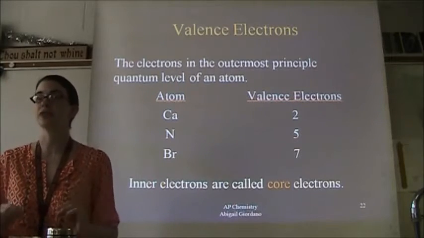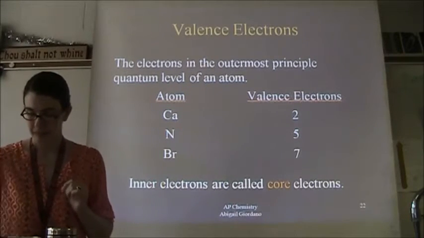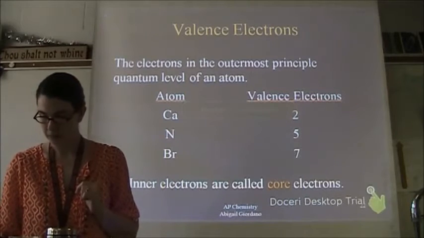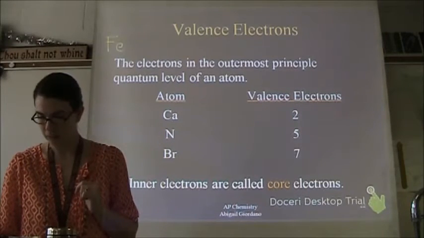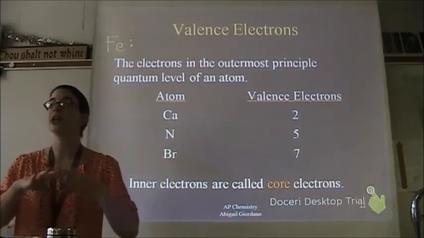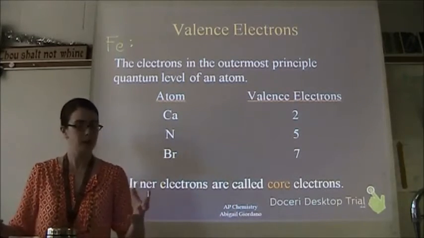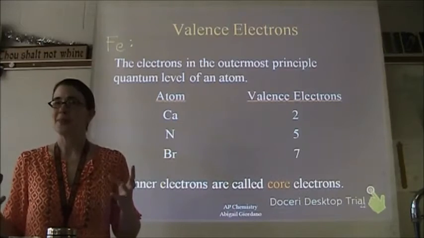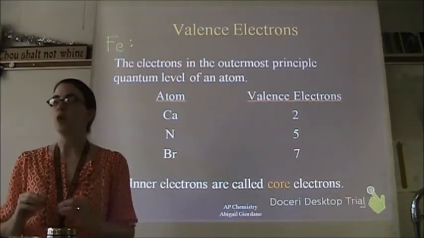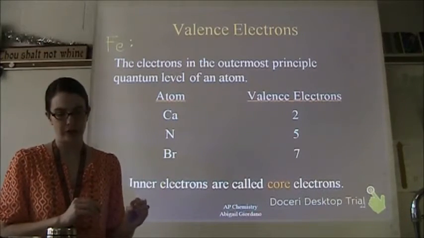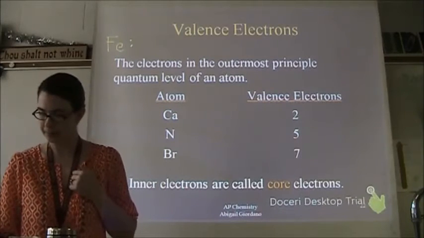Find iron, put your finger on it. Okay, everybody all together, like we're chanting in some kind of religious cult. Tell me, please, what is the noble gas configuration for iron? How does it start? Ar.